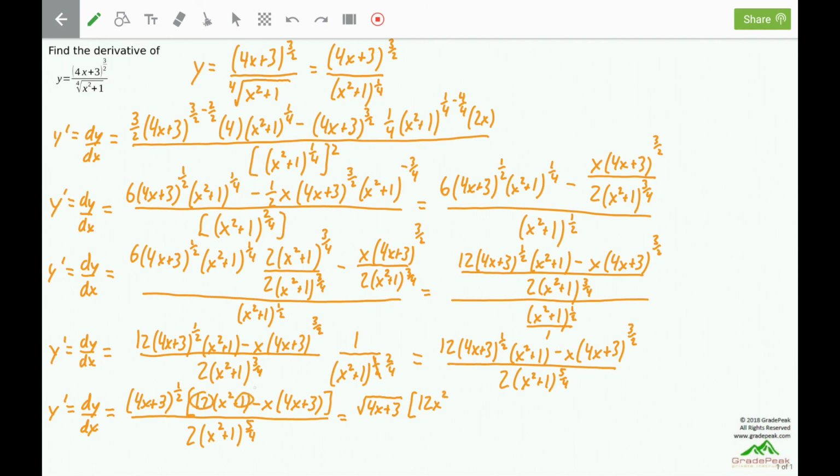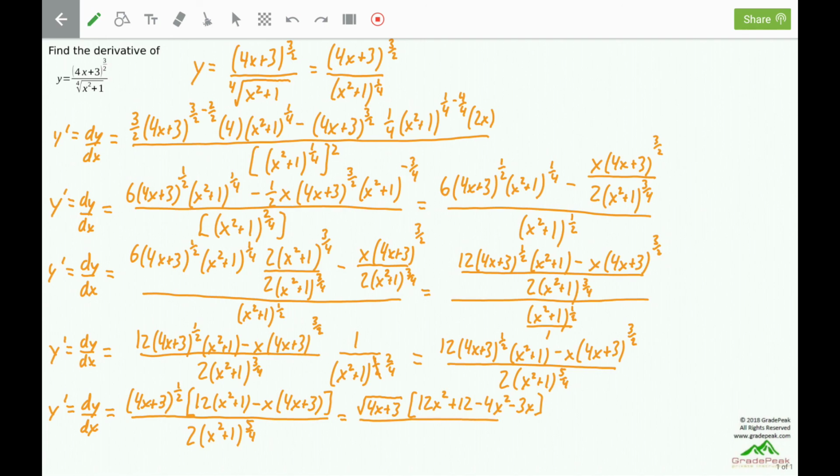And then 12 times this 1, which will give us a plus 12. We will have a negative x distributed into here, a negative 4x squared, and a negative 3x.